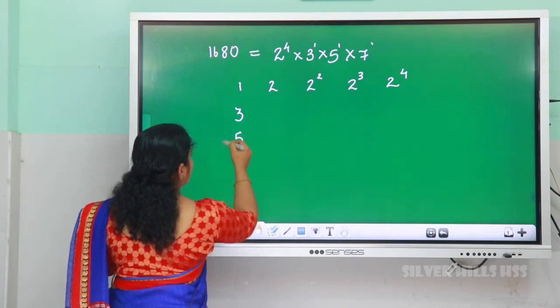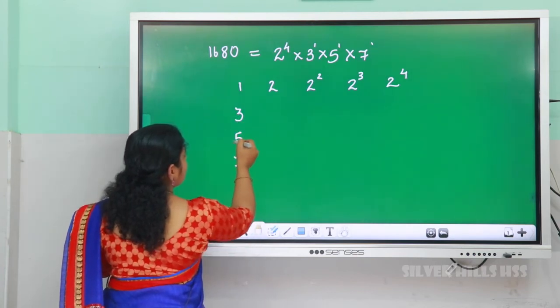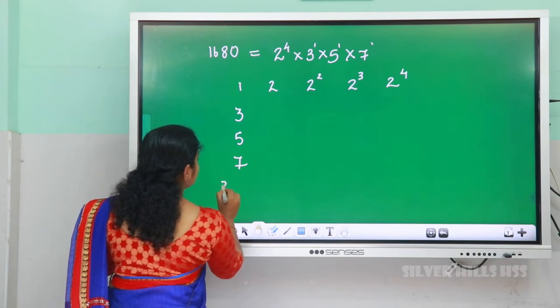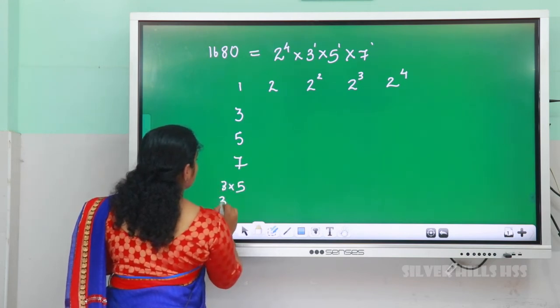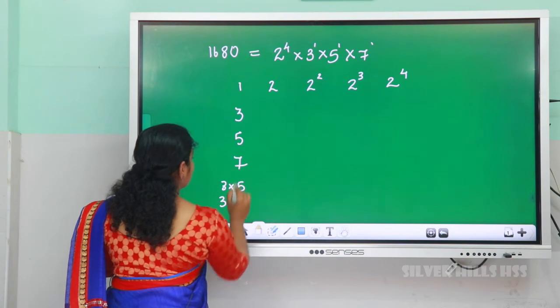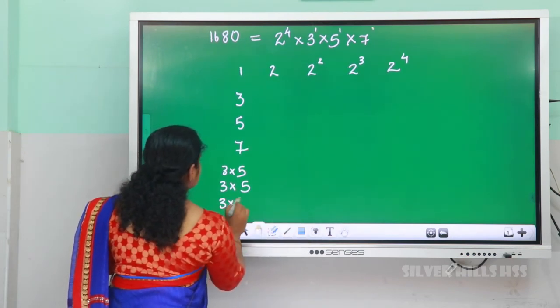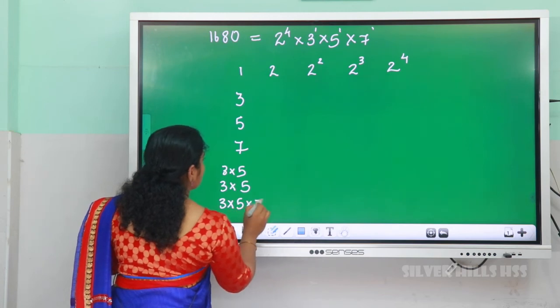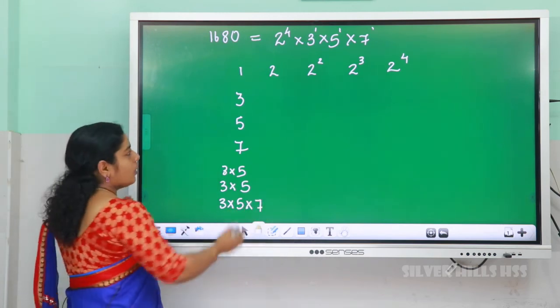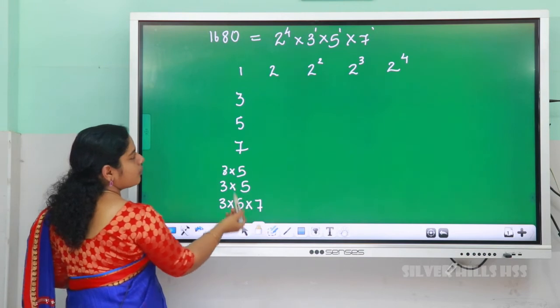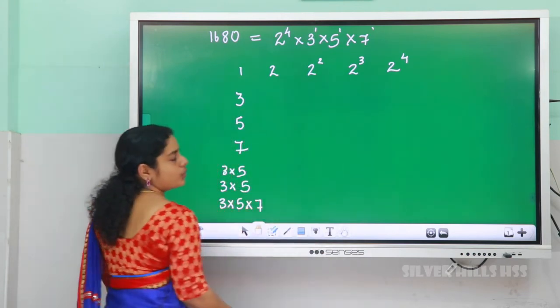Then what? All the combinations of these numbers, that is 3 into 5, 3 into 7. And at last we will write 3 into 5 into 7. And we have to multiply all these left hand side numbers with the powers of 2.